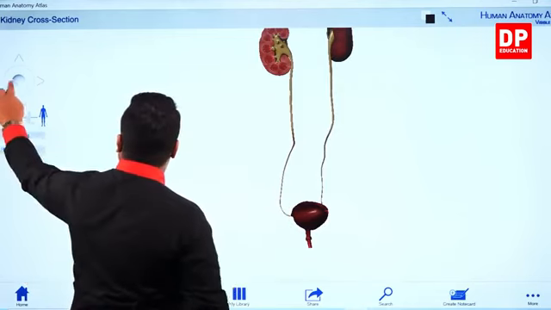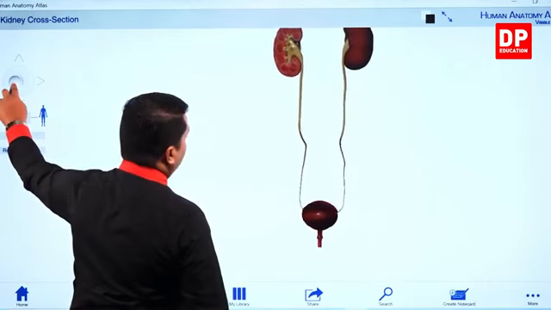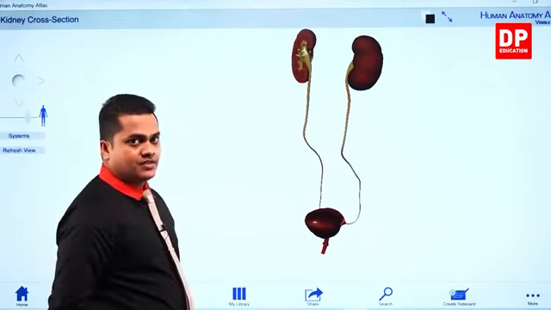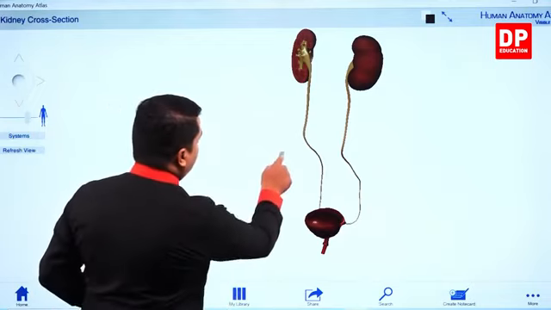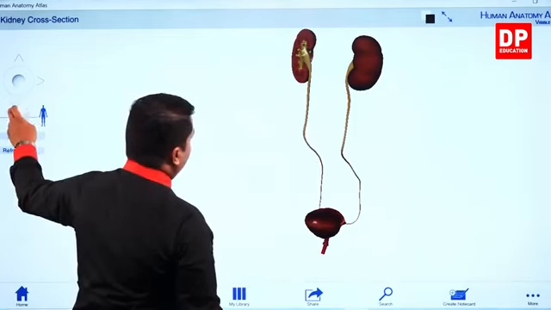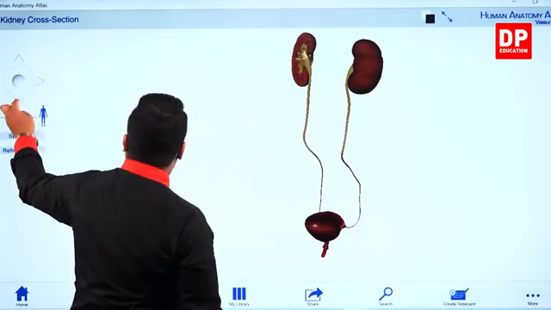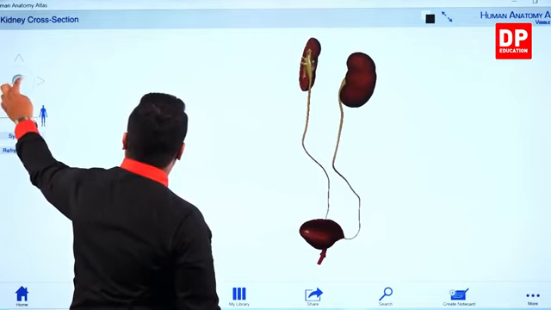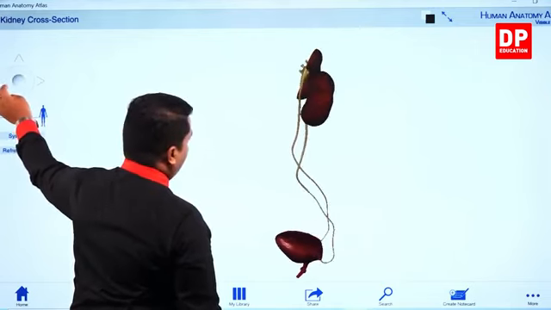This is how our urinary system looks. You can observe the kidneys, which are bean shaped. You can see it very clearly.